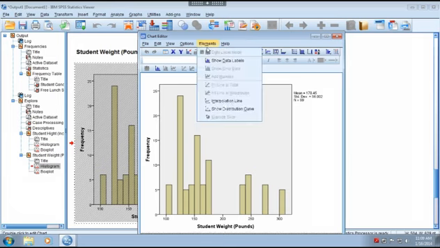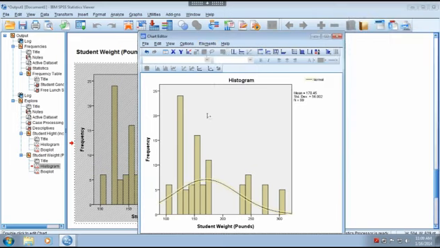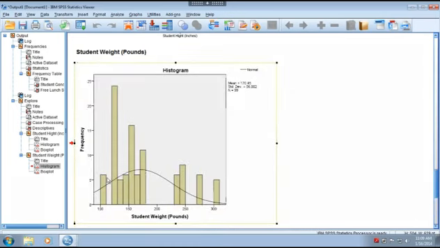If you click on Elements and Show Distribution Curve, the normal distribution is here, and this is the distribution curve for the weight. Again, the mean weight is 170 some pounds.